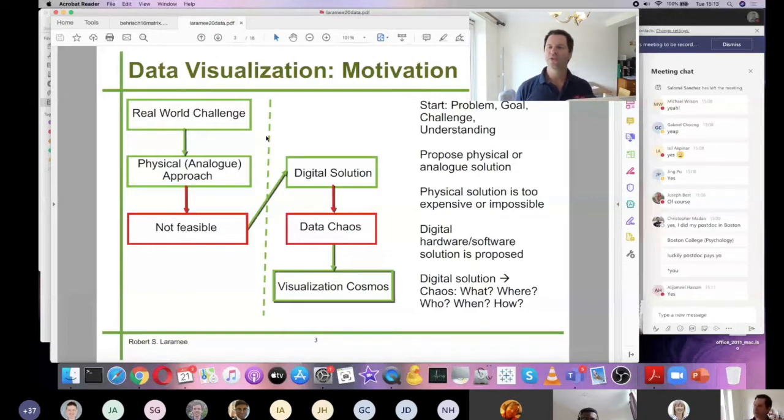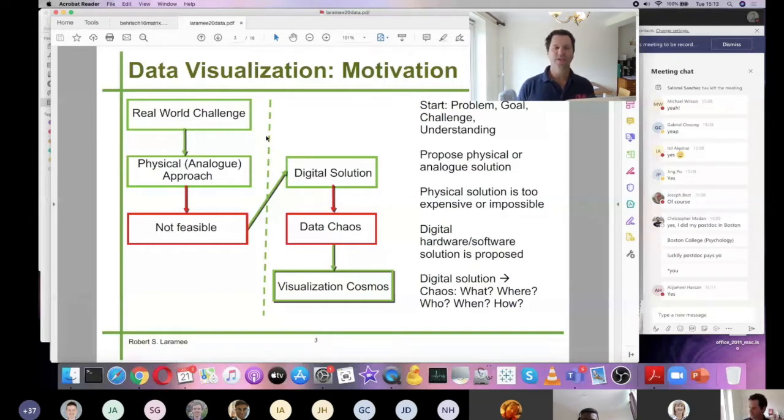So we're constantly looking for software solutions or digital solutions to our problems. For example, we want to develop a mobile phone app to help solve our problems. If we need a taxi, we can develop an app like Uber, and that gives us a digital solution to a physical problem, which is finding a taxi, for example, and finding a taxi driver.